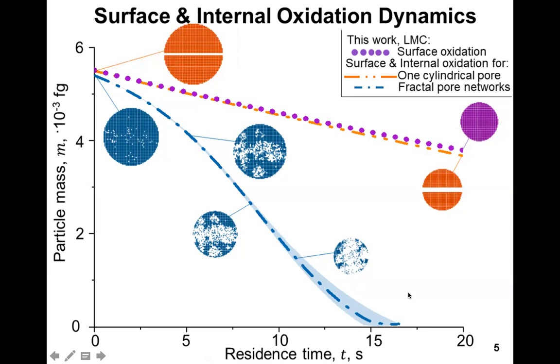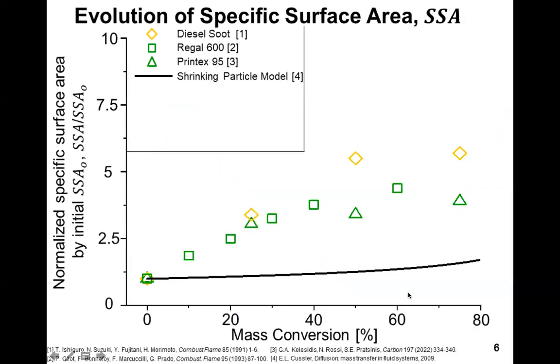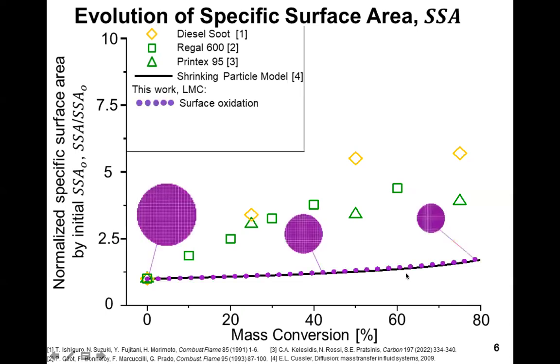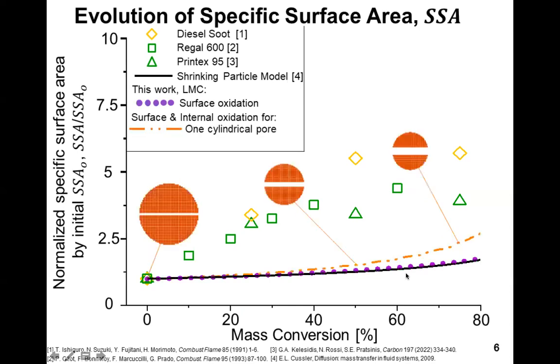So we benchmark our model to the literature data and models for the specific surface area that I showed you earlier on. The specific surface area that we derived here for non-porous particles undergoing surface oxidation is in excellent agreement with the shrinking particle model, and this validates our lattice Monte Carlo simulation. Now, internal oxidation of a single cylindrical pore only slightly increases the specific surface area at large conversions.